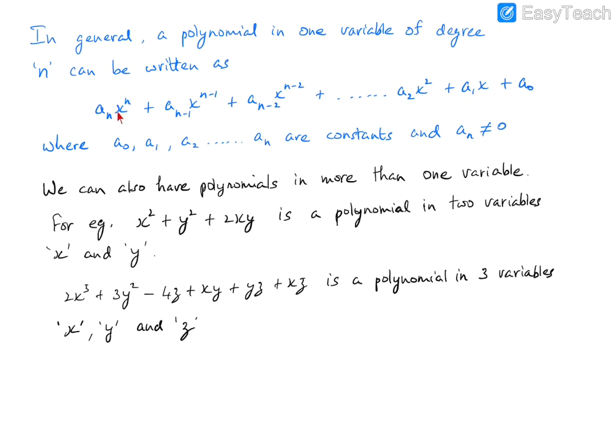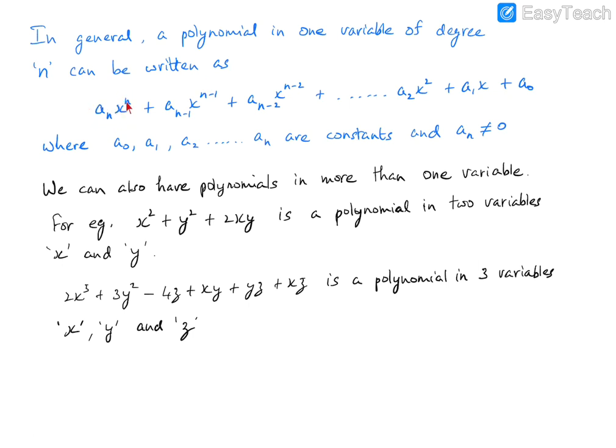So the highest degree is n, so we have x power n, and all the other degrees will be less than n. So it's x power n minus 1, x power n minus 2, x power n minus 3, and so on and so forth, up to x power 2, x power 1, and x power 0. So each of these variables to the power of the number n and n minus 1 and so on are multiplied with their respective coefficients.